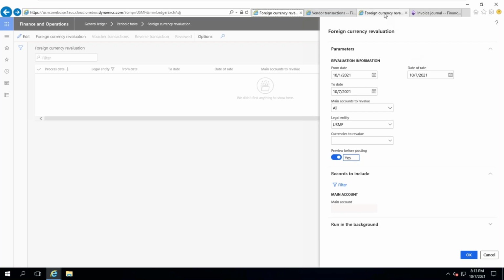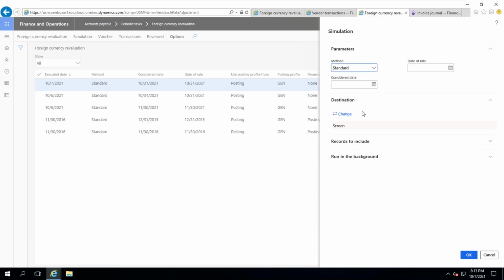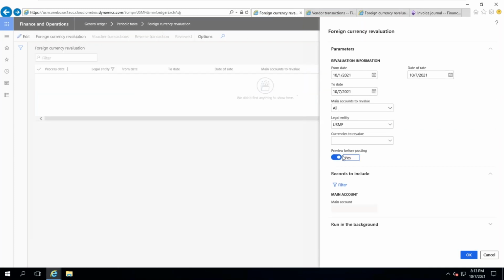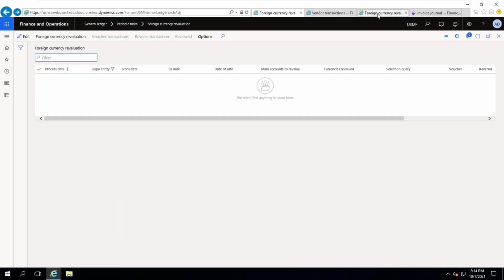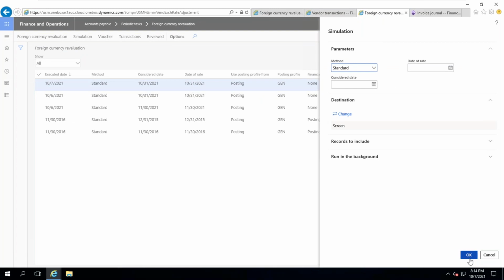Exactly right. So here simulation is available, but in AP it is preview. These are the small changes, but the remaining foreign currency revaluation is the same.